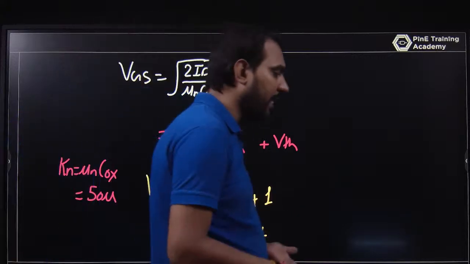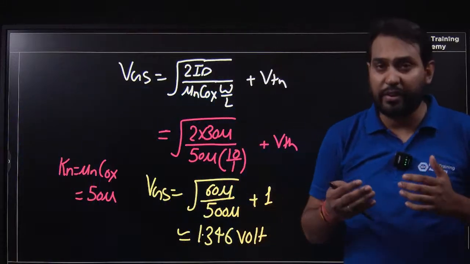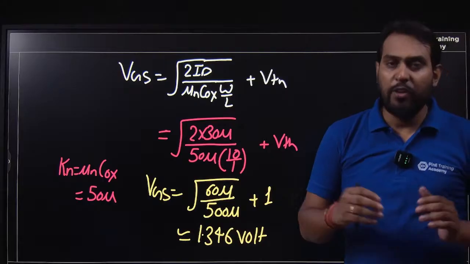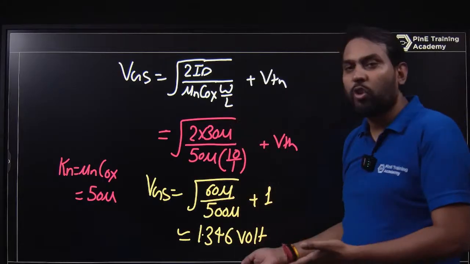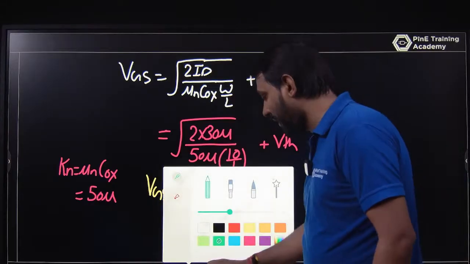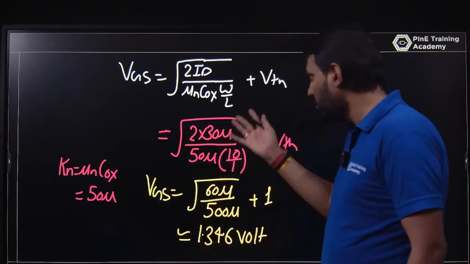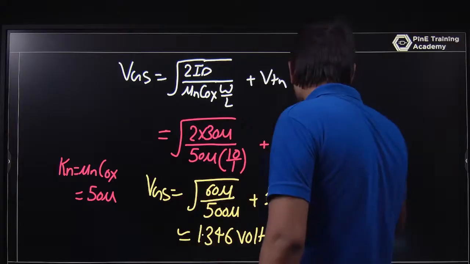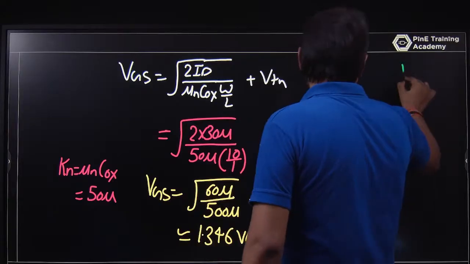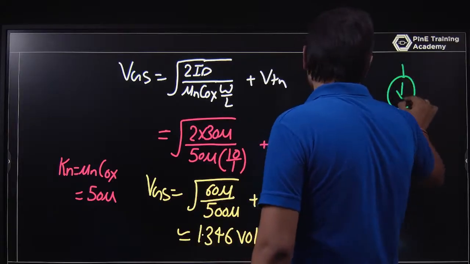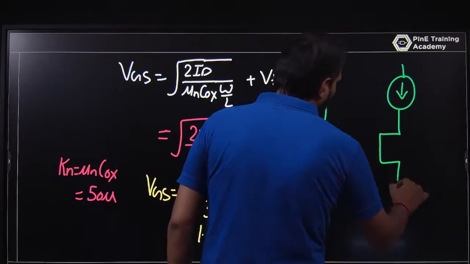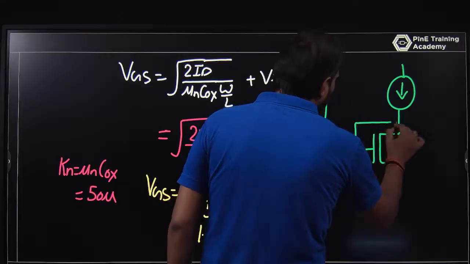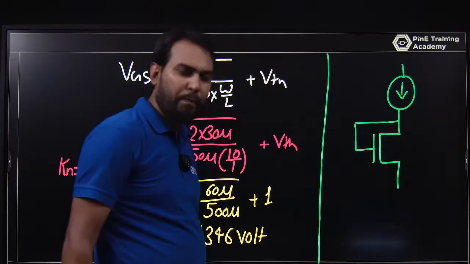On the basis of the design specifications, we know the drain current, and if you know the drain current, you can use this formula. Otherwise, if you want an exact value of VGS, just use a MOSFET here with the current source and make that MOSFET be in the saturation region perfectly.